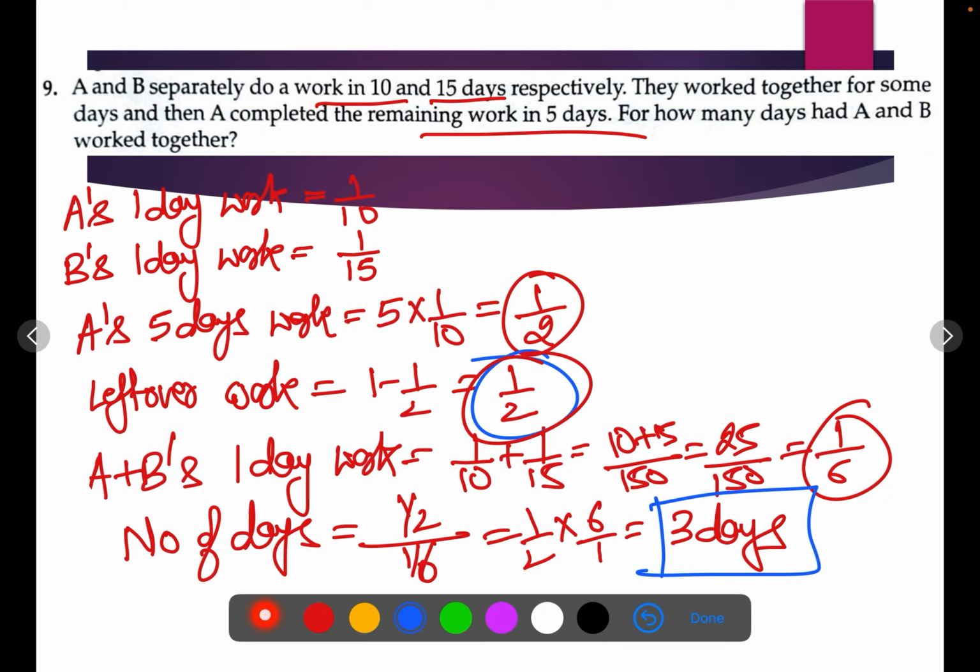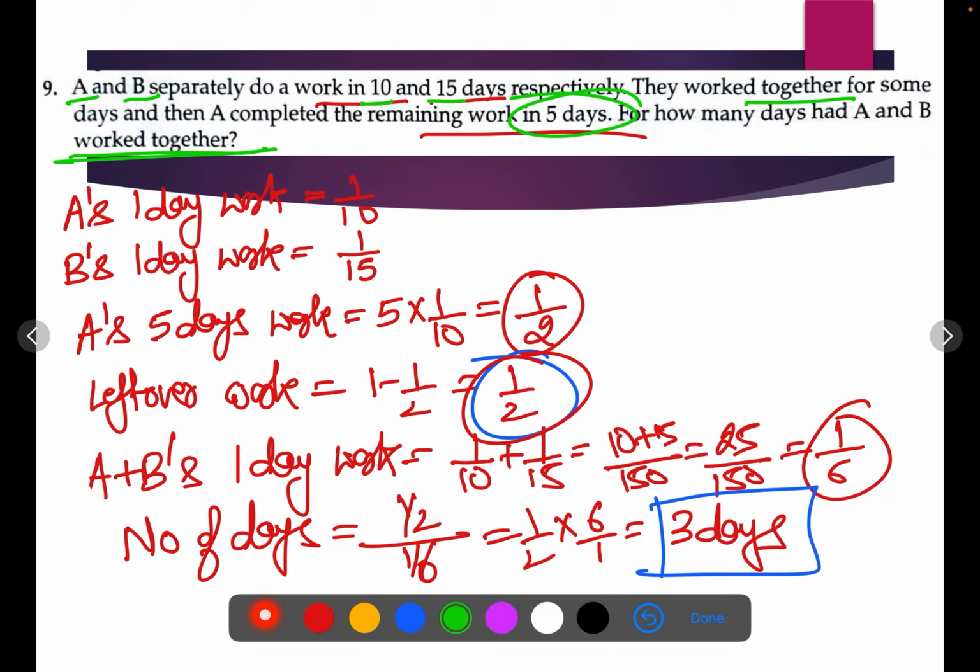The question was a little different. Here, I repeat the question once. It was given that if A and B separately work, they can complete the work in 10 and 15 days. They work together for some days, which is not given, right? So they worked for some days and then they both left. So A completed the remaining work all alone in 5 days. So the question is asking for how many days they work together.